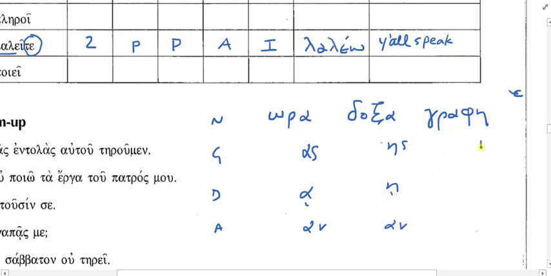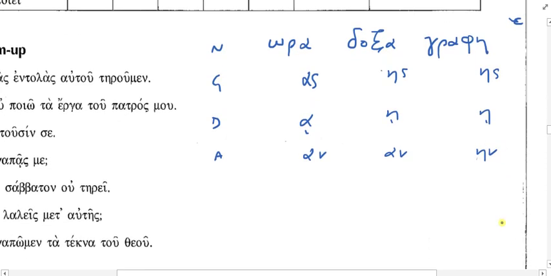Graphe becomes graphes, graphe with the iota subscript, and then graphen. So you see, these first declension nouns either keep the alpha all the way throughout the singular, or they switch the alpha to the eta and then back to the alpha. Or, if you start with eta, they stay eta throughout in the singular. Okay? That was with singular.